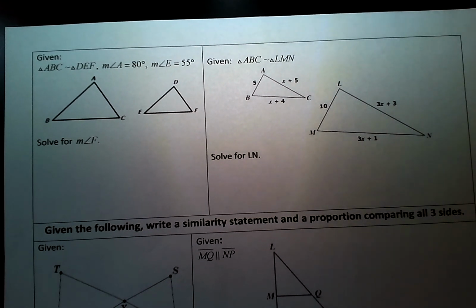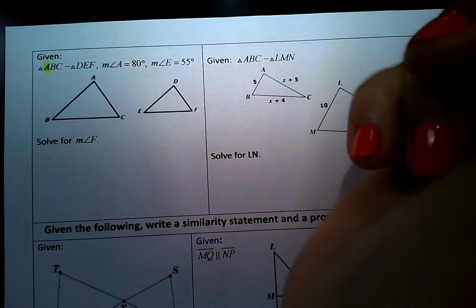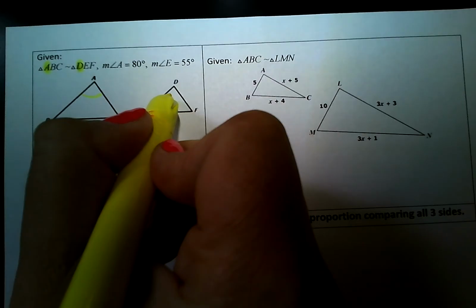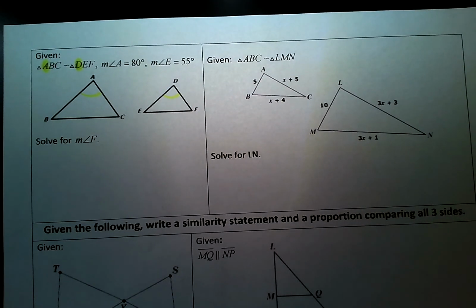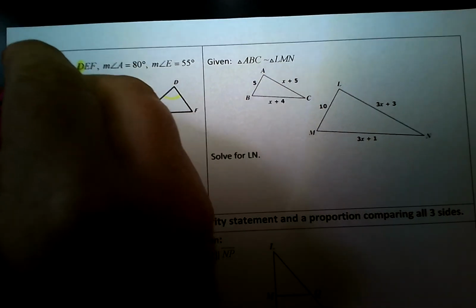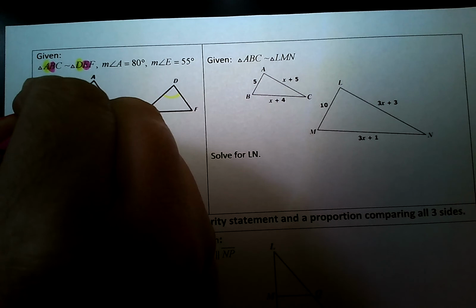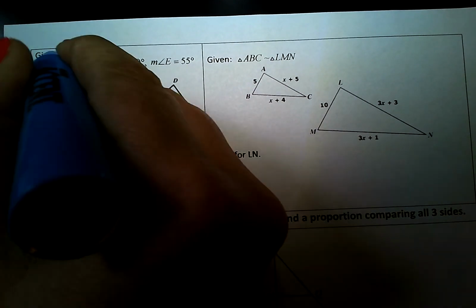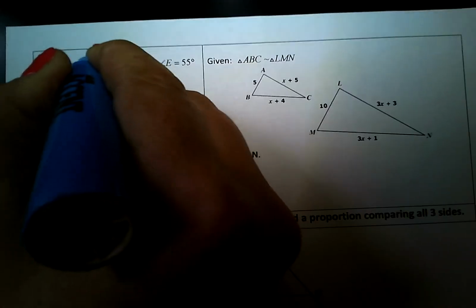So I've got my similarity statement here. I'm told that angle A and angle D are a match. They're congruent to each other. Angle B and angle E are a match. They're congruent to each other. And angle C and angle F are a match. They are congruent to each other.